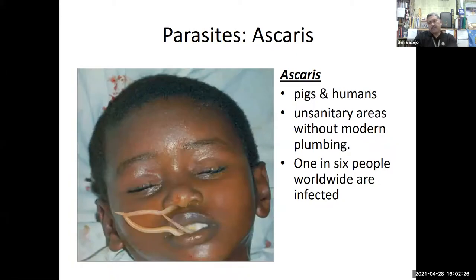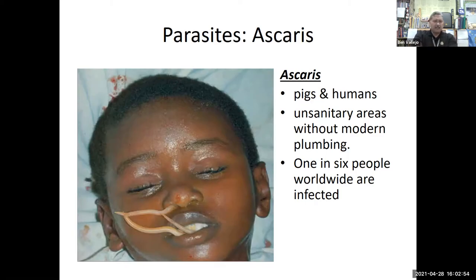Oh, here's an interesting picture of the Ascaris. Ascaris is found in livestock, like in pigs, but also in humans in parts of the world that don't have very good sanitation, in poorer parts of the world. As I wrote here, unsanitary areas without modern plumbing. Look at the numbers though. 1 in 6 people worldwide are affected.